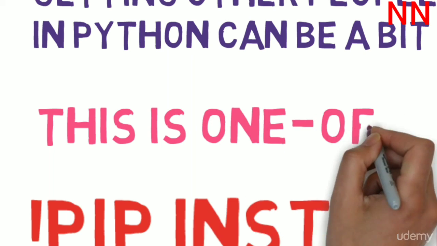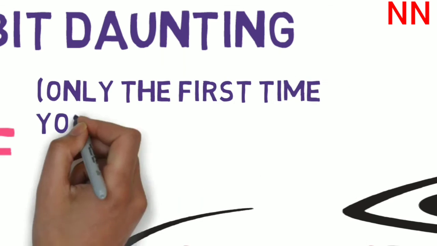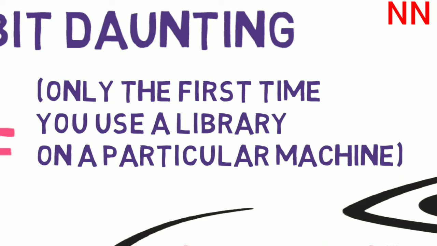You need to do it exactly once. Say you use the matplotlib library in some other Python program, you don't need to run pip install once again if you're using the same IPython, maybe in a different notebook. Only the first time you use the library on a particular machine is when you need to run pip install.